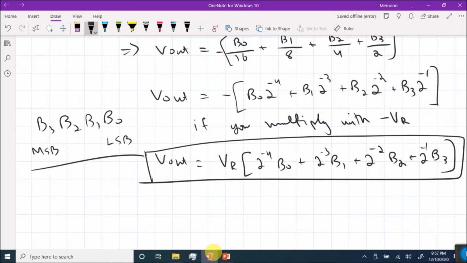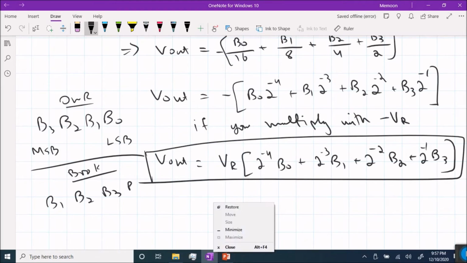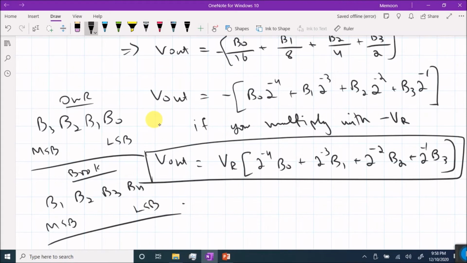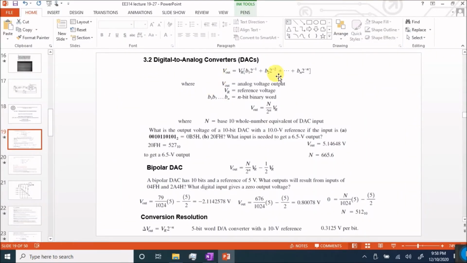And in case of your book, this is the number B1, B2, B3 and B4, and this is his MSB and this is his LSB. So effectively, if we replace B3 with B1 and B2 with B2, B1 with B3 and B0 with B4, this formula we derived here is same as the formula given in your book.